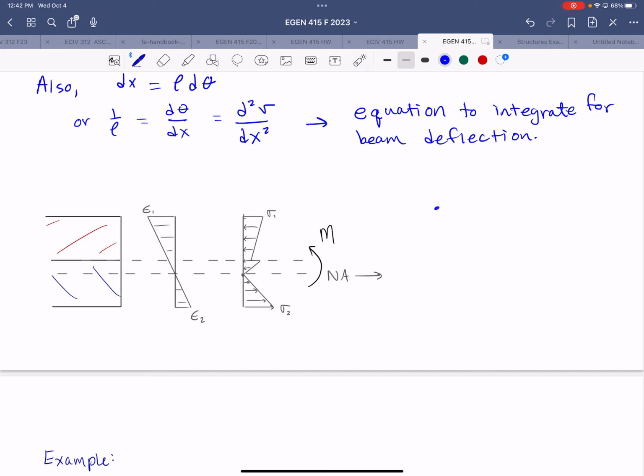And so that will always be the case for composite sections. I think I misspoke. I said stress is not linear. It is linear. Both are linear. The stress is not continuous. That's the difference.